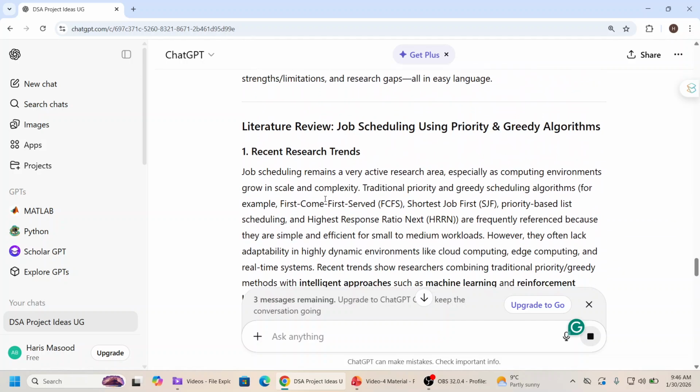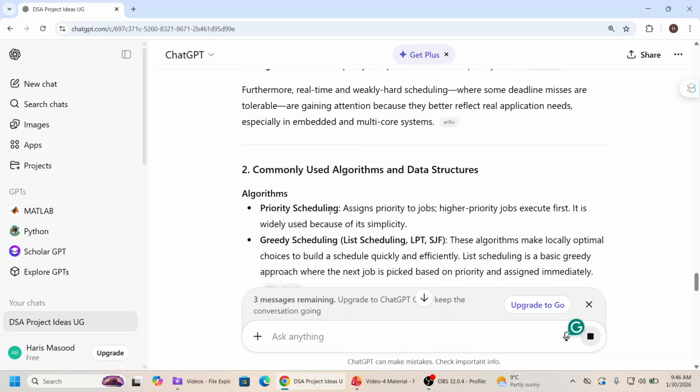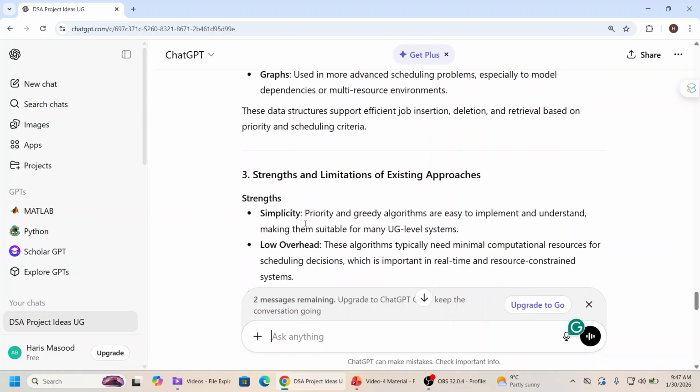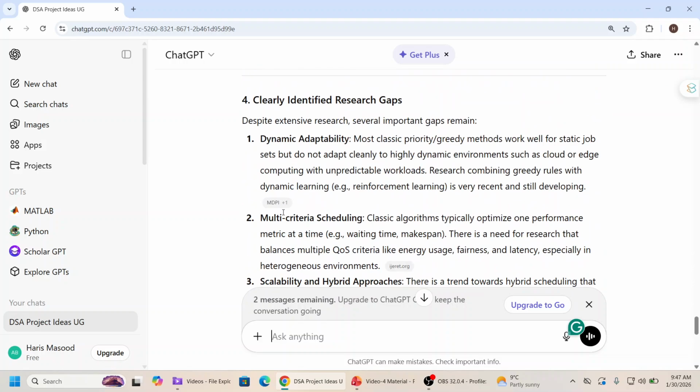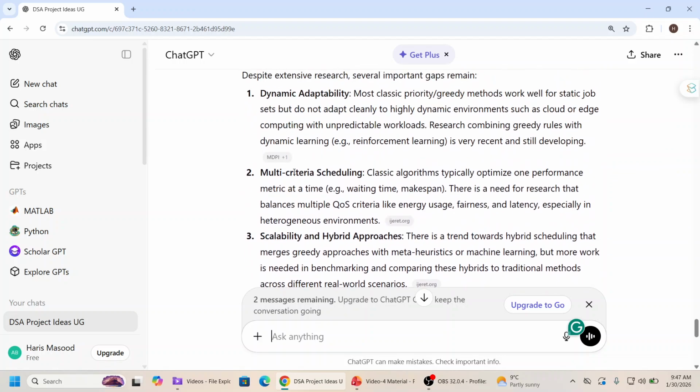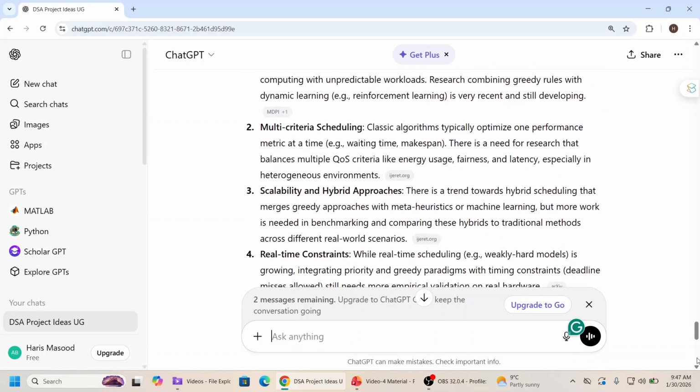It has given us the research trends, commonly used algorithms and data structures. Again, it is saying that you can implement this topic using priority queues, linked lists, arrays, and graphs. The strengths and limitations are also given, and the research gap. This is the most important aspect, the research gap, and you can always choose which among these four preferences you can target. The research gap is readily available to you.